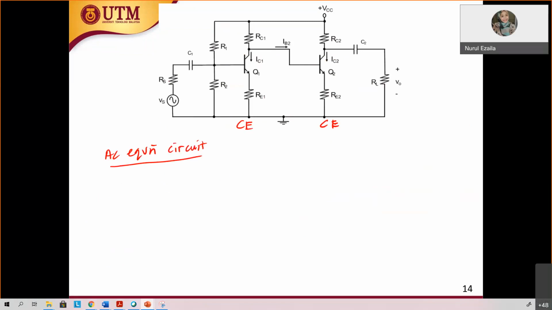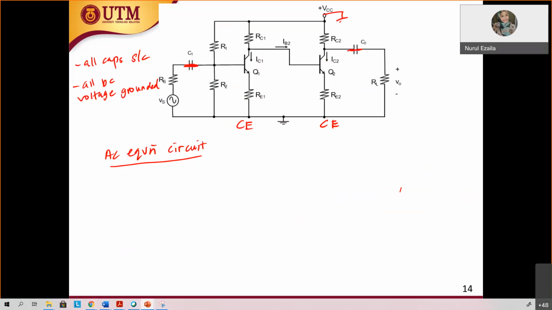There is no capacitor, so all capacitors short circuit, and all DC voltage grounded. So C1 short circuit, C2 short circuit.